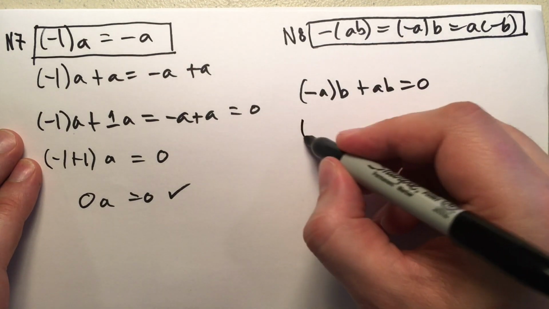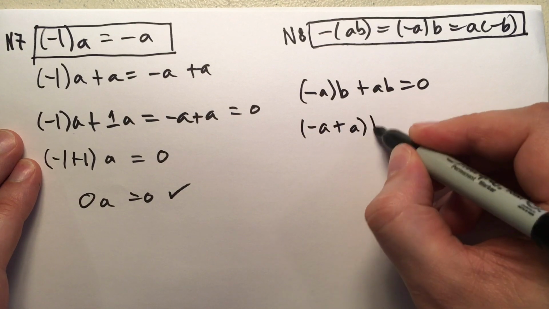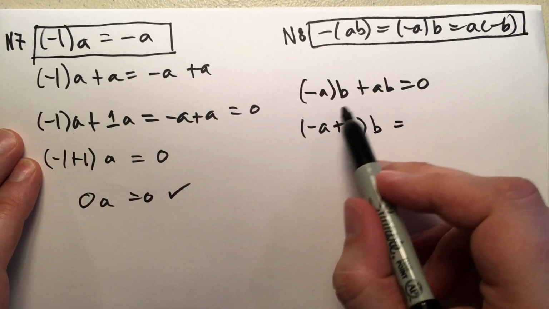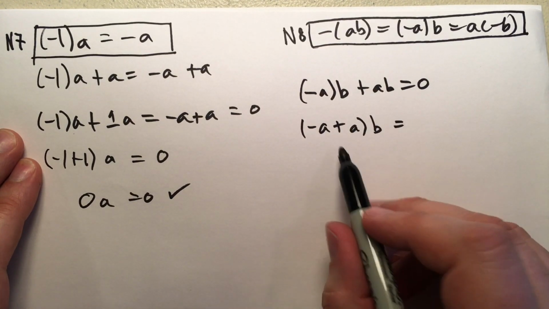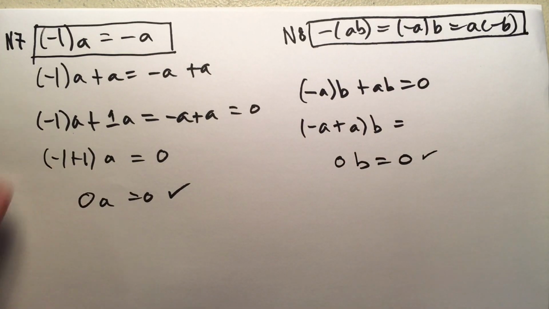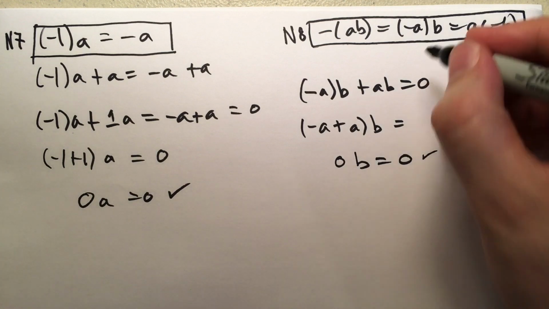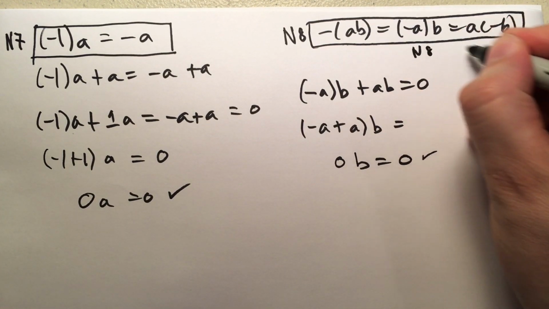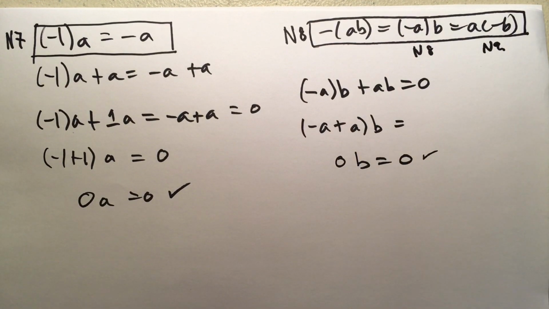Using distributivity, we have minus A plus A times B. So we factored out the B. And sure enough, this is 0B. And that is indeed equal to 0, so it checks. Because minus A plus A is 0. Excellent. And N8 and N9. He calls this one N8, and he calls this part N9. So you can do the same to prove N9.